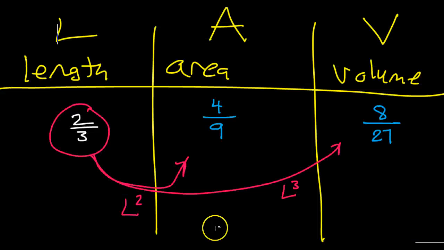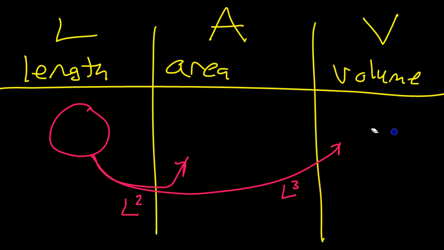Remember how it works: we've got 9/16 for area, so we ask what length scale factor would give us this, considering that we have to square it. 9 comes from 3 squared, and 16 comes from 4 squared.